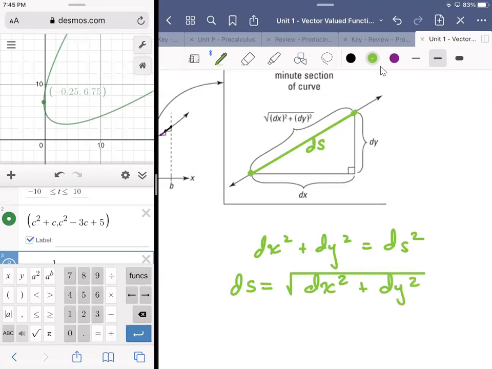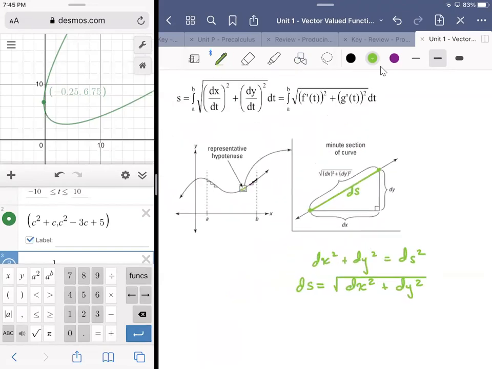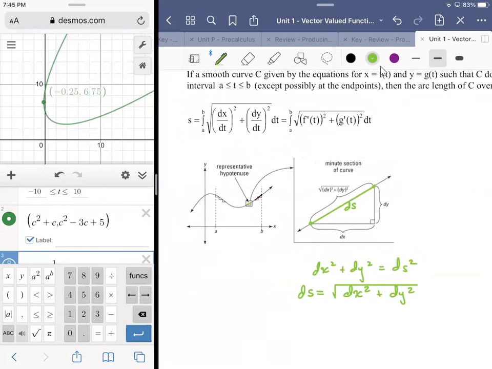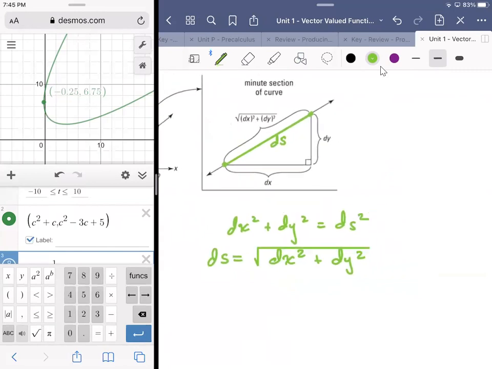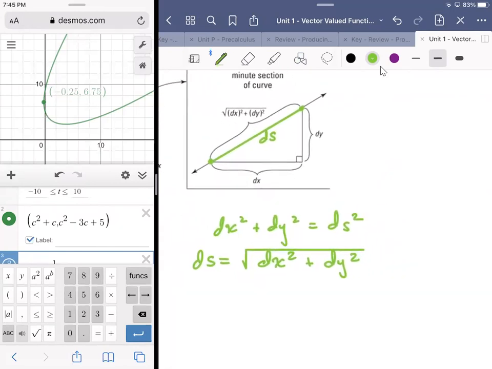All right, but somehow we have to come up with a couple of things. We got to come up with one of these rules here. That's not as important as saying we got to come up with a relationship that'll allow us to determine the length of a curve over an extended interval, not just in a minute little region.